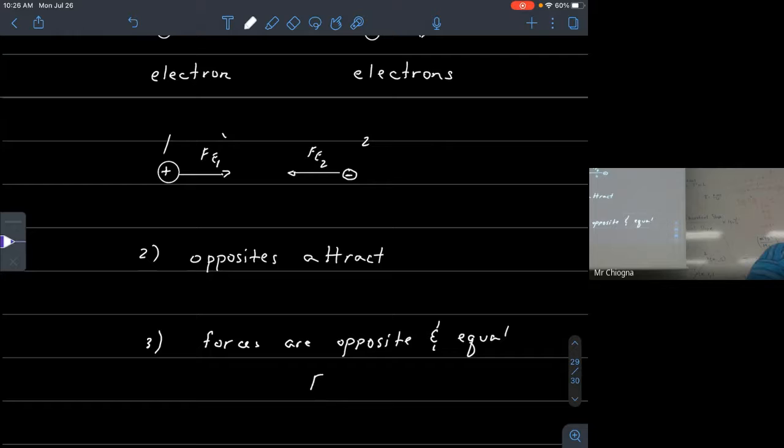We usually just deal with magnitude, absolute value, but you do need to know the direction. You need to state the direction at the end. So you need to be aware that they're equal in magnitude, but they're opposite in direction.